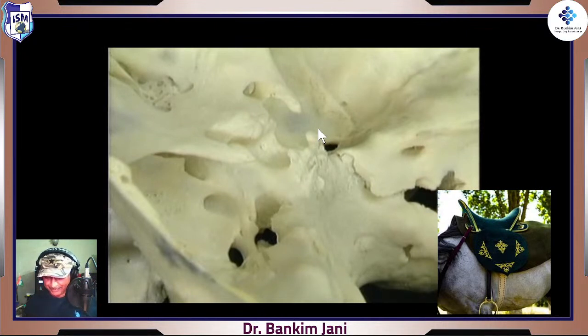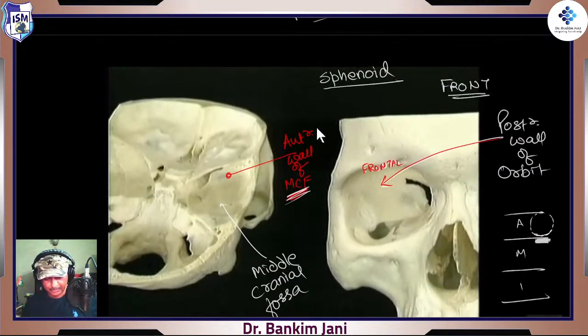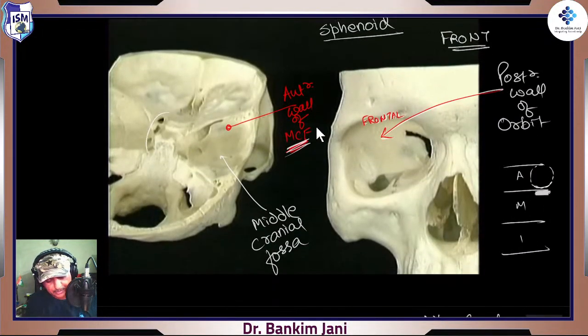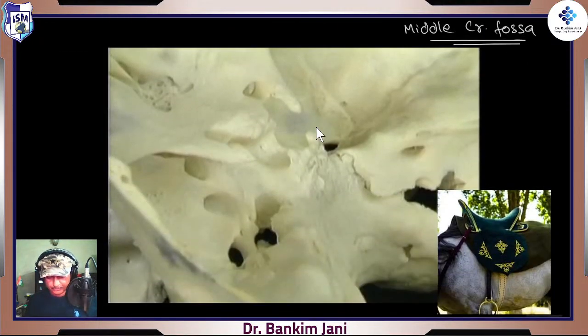Say this is a zoomed portion of the middle cranial fossa. In the middle cranial fossa, I'm taking it a bit back, this is the region, the central portion, which is in focus. Here it is going like this.